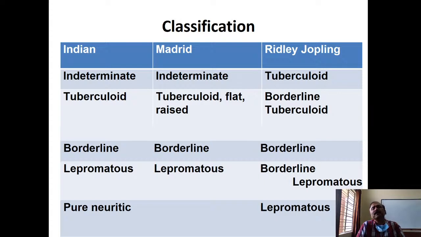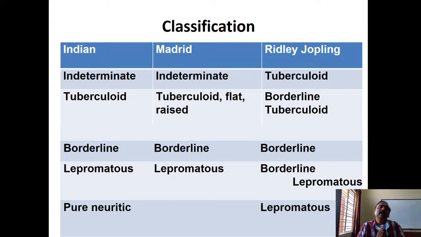Ridley-Jopling classifies it as tuberculoid, borderline tuberculoid, borderline, many times known as mid-borderline, borderline lepromatous, and lepromatous. So two classifications: Madrid and Ridley-Jopling.